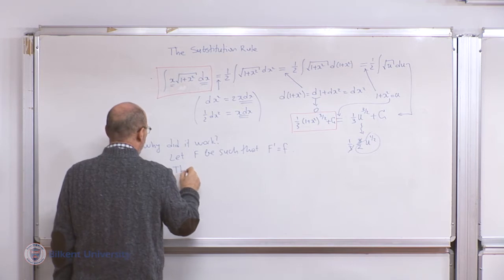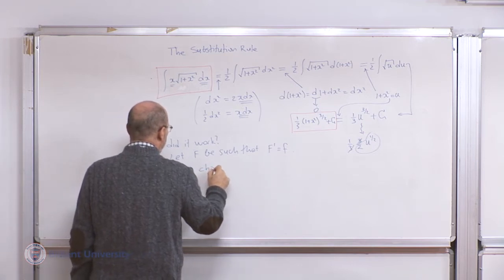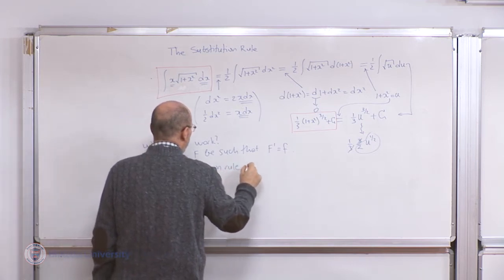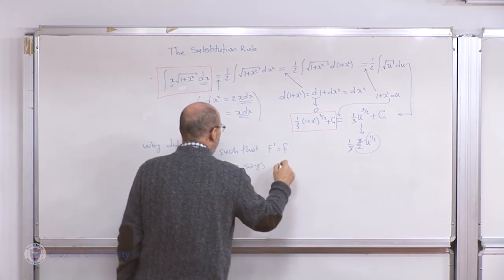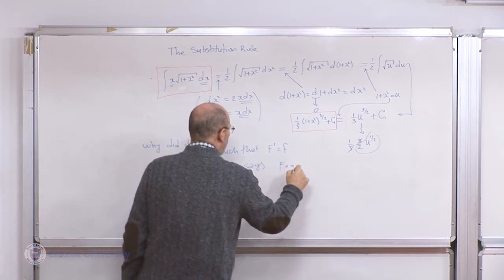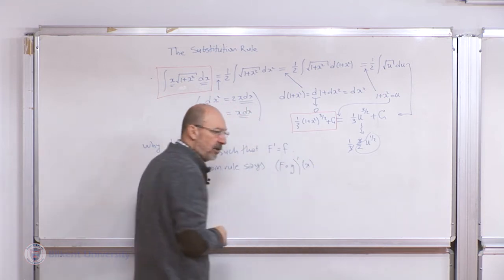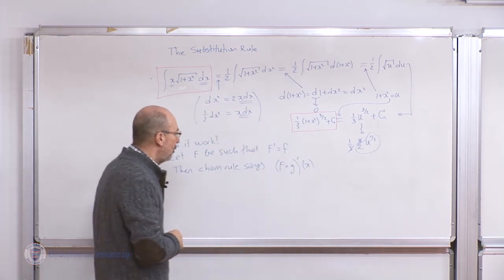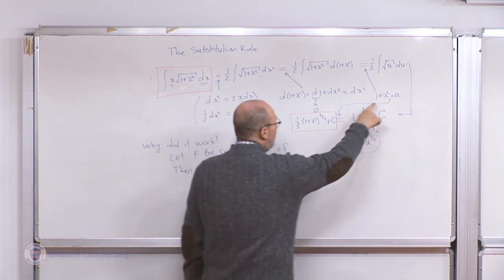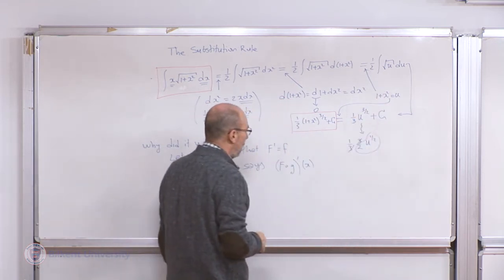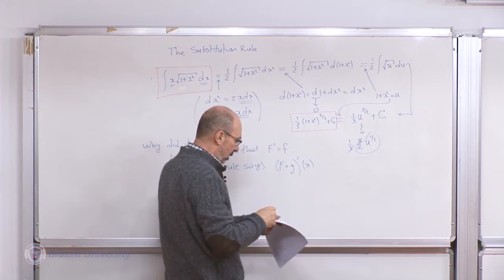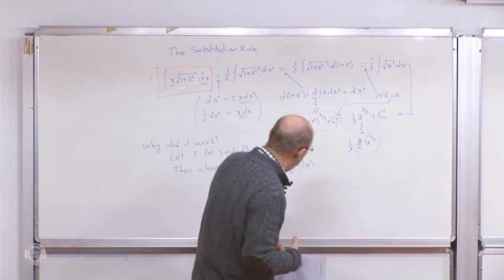Then the chain rule says, if I have F composite g and I take its derivative at x, okay, so chain rule here, g is this part here. Maybe I just remind ourselves what we are doing.